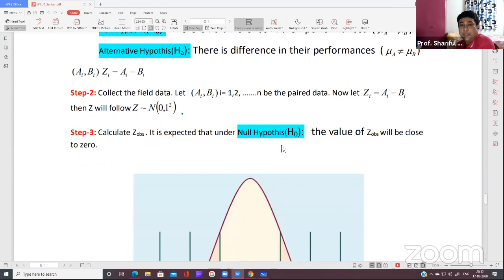Okay. Now, in the second step, we have to collect the data. Let this be the data we collected, N number of data. Let's say 1,000 data we have collected. So this is paired data. We collected the data for the medicine administered for company A, and collected the corresponding data.